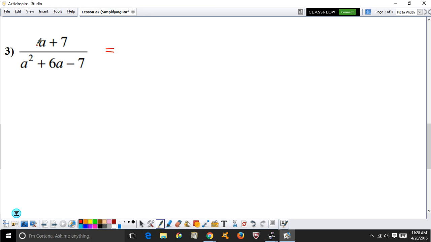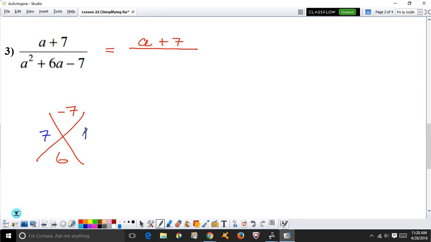So let's see, numerator. Can I factor out the numerator? No, I can't. So let me just rewrite it. Denominator, I can factor it out. How? I can use the x method. So the number that goes on top, 1 times negative 7, and the number on the bottom is 6. Two numbers that if I multiply them gives me negative 7, and add them up gives me 6.